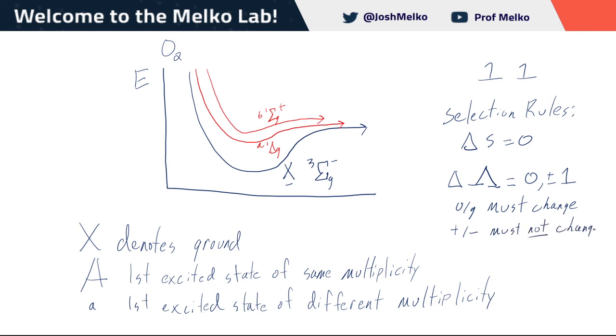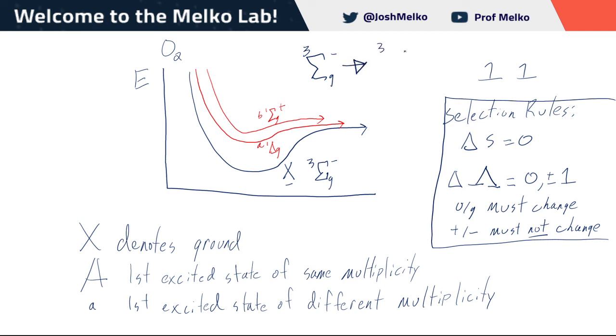Okay, so these are the selection rules for molecular term symbols and what would be possible on a potential energy surface, so you know where to draw arrows and where you can't. Okay, and term symbols would denote transitions, like this would be a transition, this absorbing and getting promoted to. Let's make sure it's allowed here.